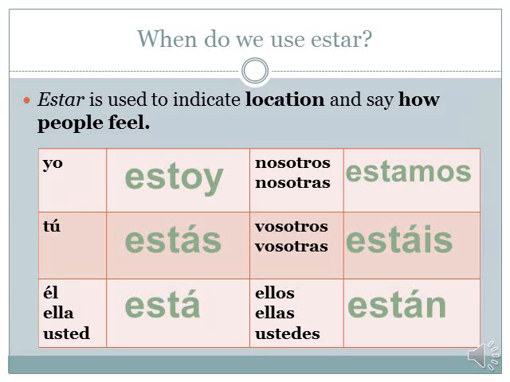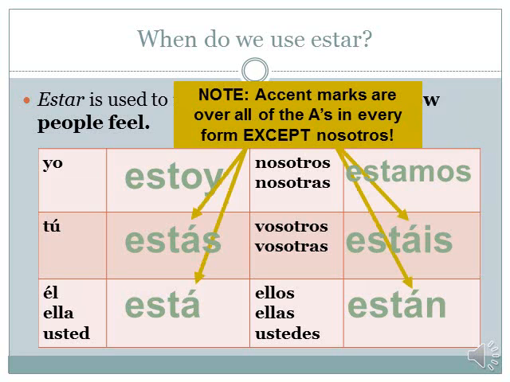Okay? Now, when we translate these words into English, they mean the exact same things as ser. Okay? So, this is I am, you are, he, she, you formal, is or are, we are, etc. Okay? But you use this verb estar when you're talking about where something is or how somebody feels, okay?